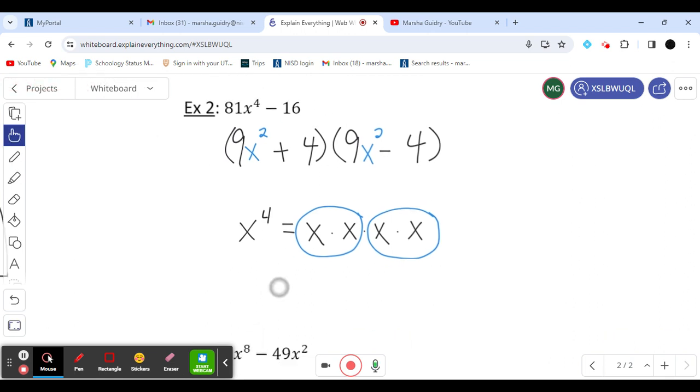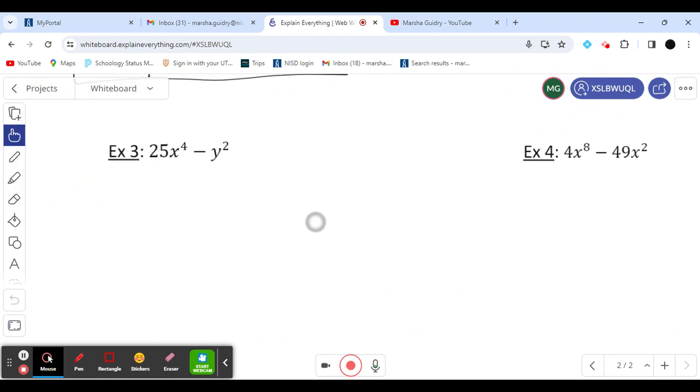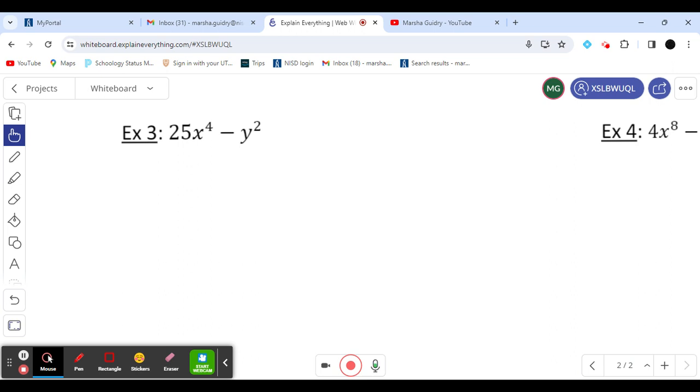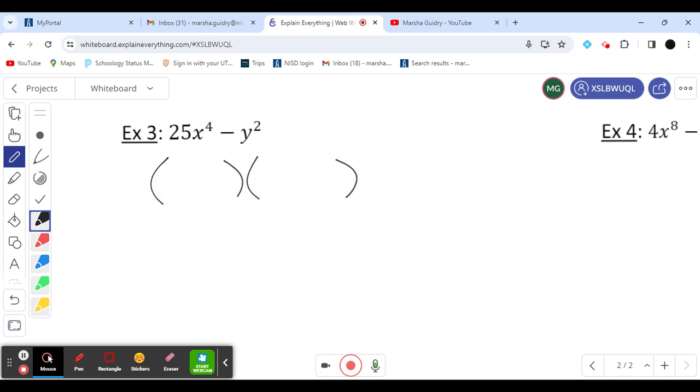All right, let's try another one because this is just getting used to factoring the same pattern over and over again. When I look at these values, I see that 25x to the 4th and y squared have nothing in common. They have no GCF, but everything is a perfect square. So I'm going to go ahead and set up my parentheses. 25 is the same thing as saying 5 times 5.